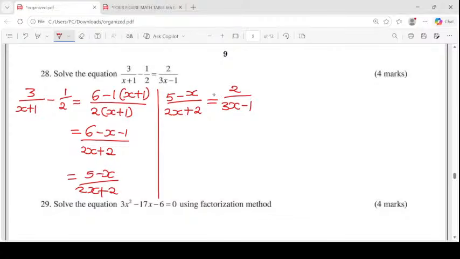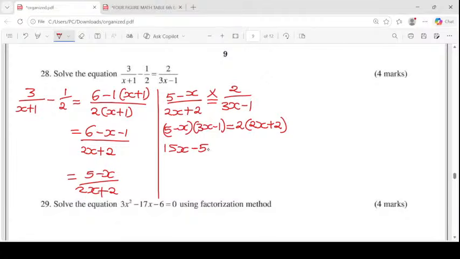What do we do here? We cross multiply. So this will become 5 minus x times 3x minus 1 being equivalent to 2 into 2x plus 2. When you are here, 5 times 3x will become 15x. 5 times negative 1 will become negative 5.